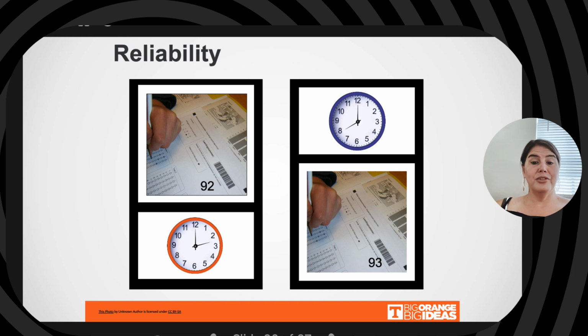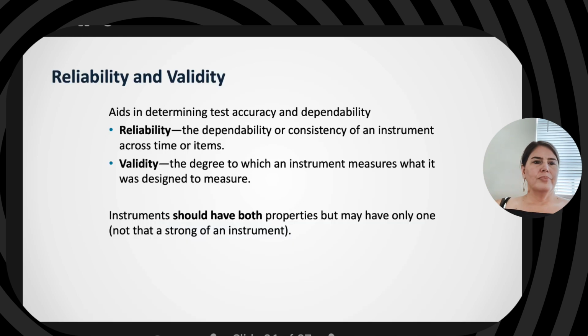And by that measure, I would say, yeah, it's a reliable assessment because the time of day did not make the test less consistent. So we really are trying to find an accurate test that's dependable. And so, we want valid and reliable measures, and instruments should have both properties, but may have only one.